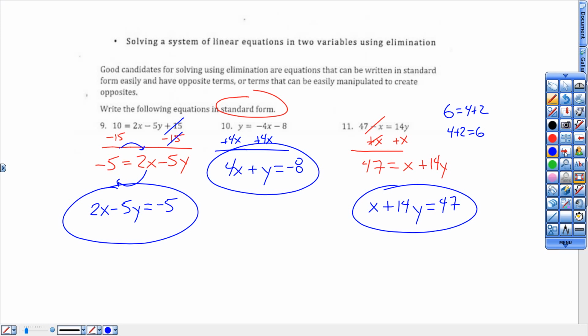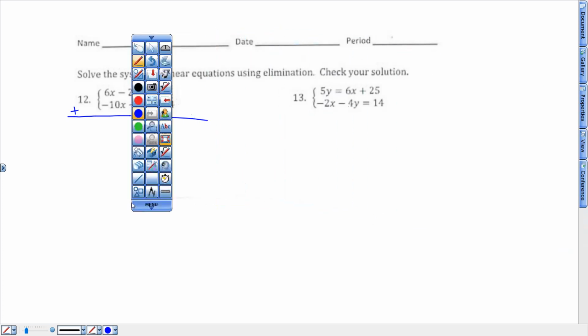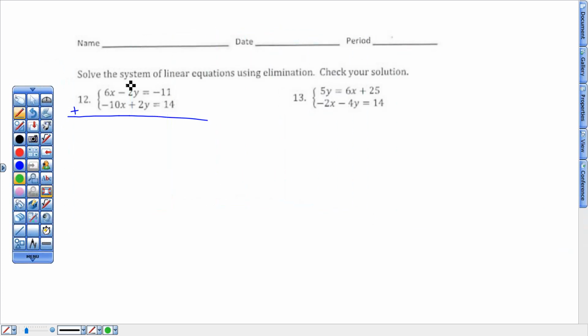Last set. These are solved using elimination. So with elimination, if I stack it in standard form and just combine, hopefully one of my terms is opposite. The way this is set up, these are the opposites right away. These are the ones that are going to cancel away.